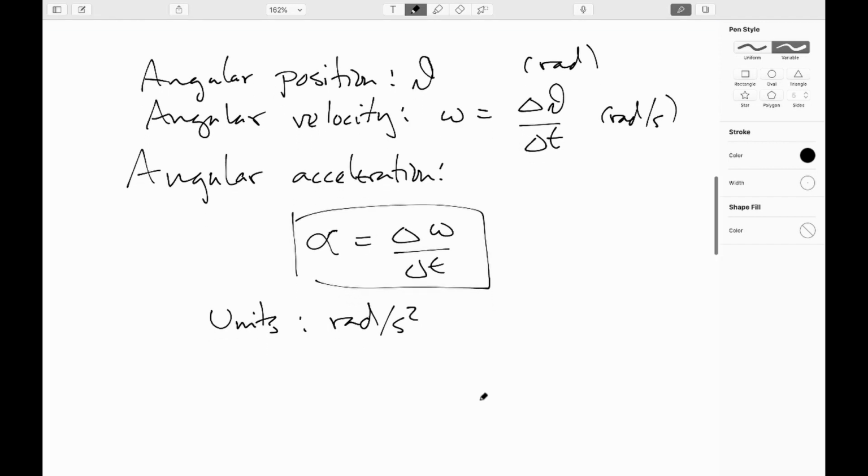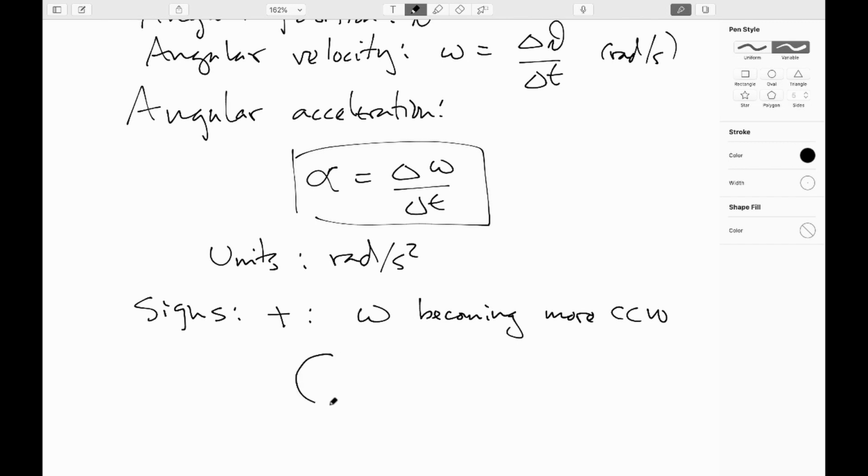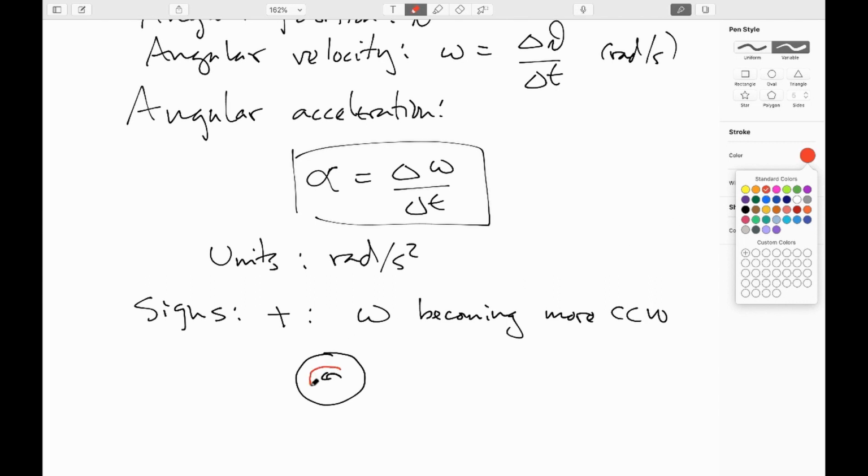So how do we interpret the angular acceleration signs? For positive, the way I interpret this is to say that the angular velocity is becoming more counterclockwise. So there are two ways this could go. One way would be if I'm already turning counterclockwise, and then I turn counterclockwise faster.